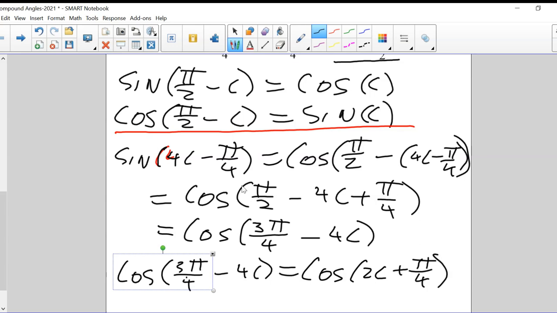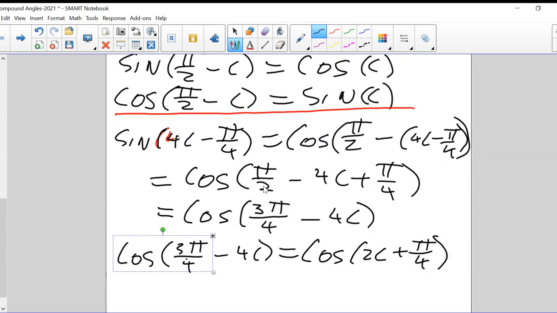So all I've done now is what I need to do is put my like terms together. These two pi terms, this is pi over 2, this is plus pi over 4. You can confirm for yourself that adding them together, a half plus a quarter, is 3/4. Then minus the 4c.